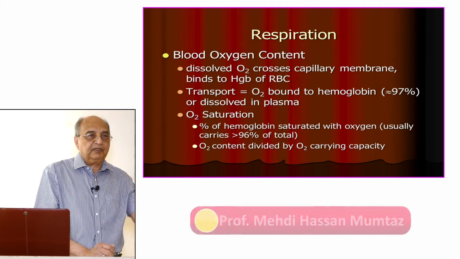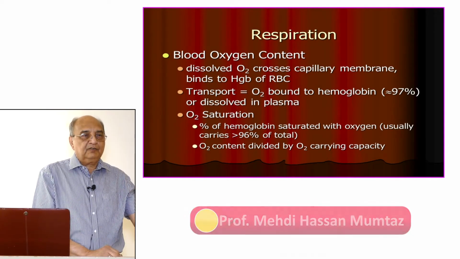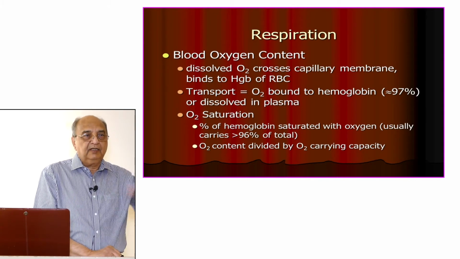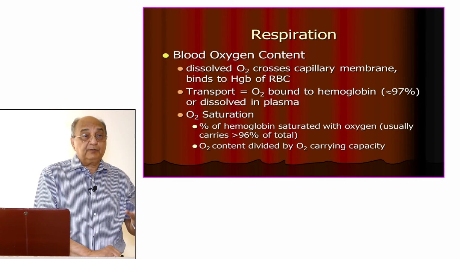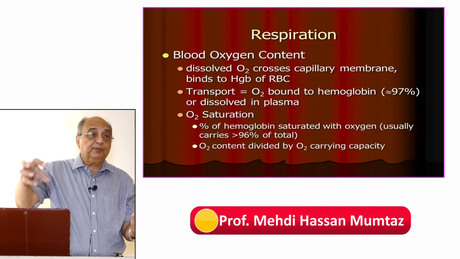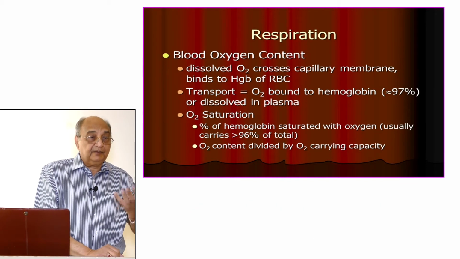Suppose we are giving 20% oxygen and the lung is good, and it's passing through the alveolar capillary pathway into the blood, exerting its pressure. It is the gas present in the plasma which exerts that pressure, called PaO2. Under that pressure, the bulk of oxygen is combined with hemoglobin, right? So the bulk of oxygen is carried by hemoglobin.